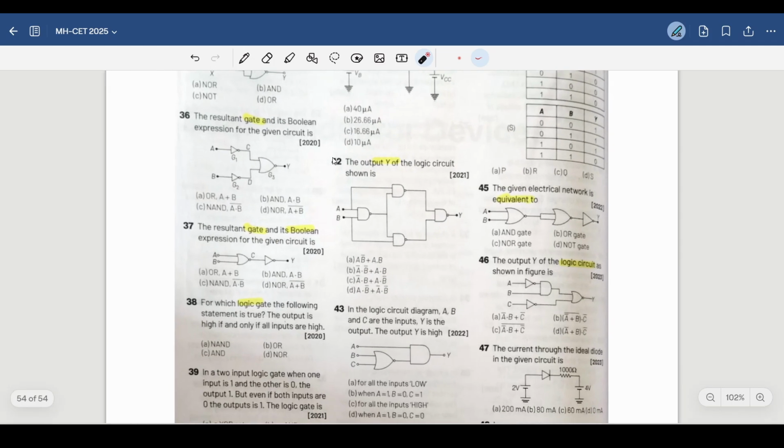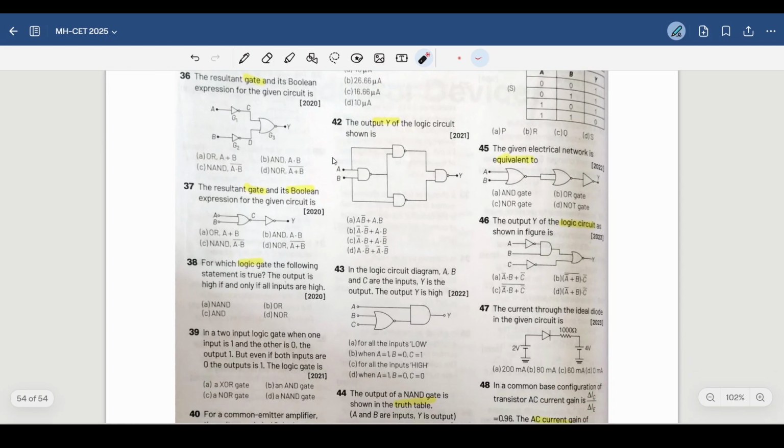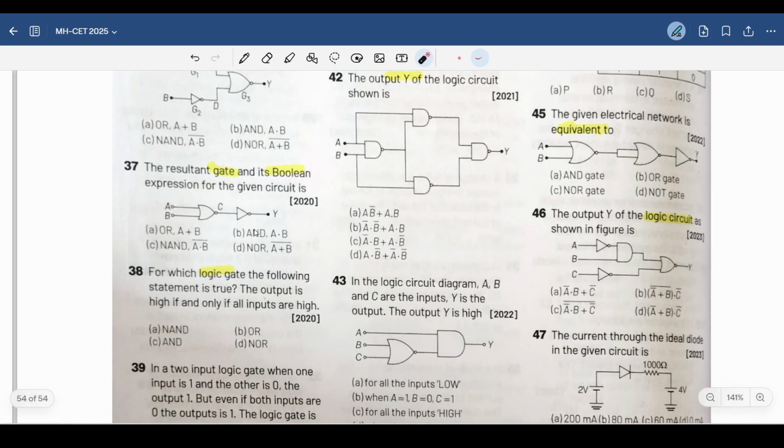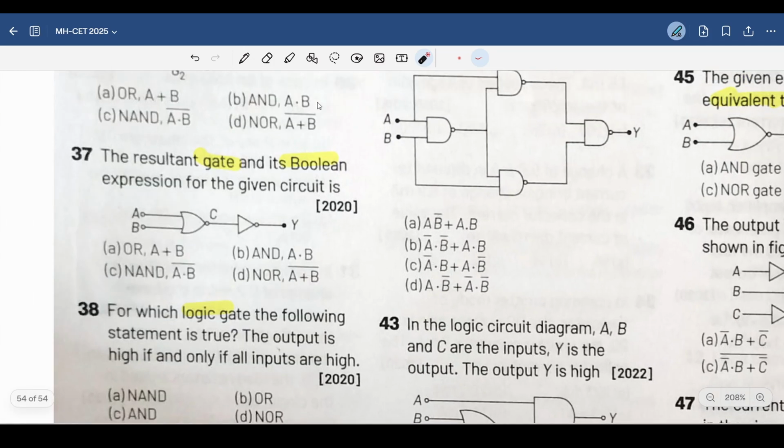Okay, now let's look at this question. What is the resultant gate of this Boolean expression? Just look at this part. Don't look at this part. If you look at this part, this is the symbol of OR, and you see a circle over here. This circle represents NOT.